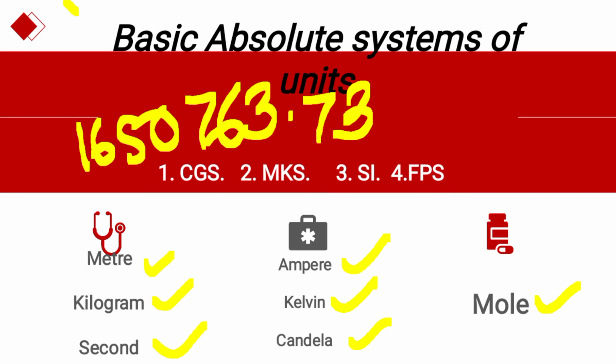So next one is the second. One day is defined as the time taken by the earth to complete one rotation about its own axis. The day has been divided into 24 hours.